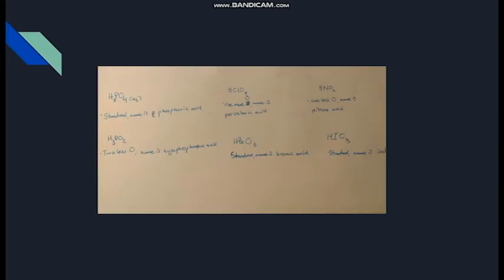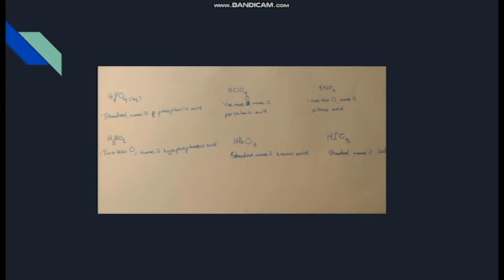Now, to give you guys some examples, H3PO4 is a good example. The standard name of this is just going to be phosphoric acid because hydrogen is present here. So since we have the state of aqueous, it has to be an acid. PO4 is phosphate.